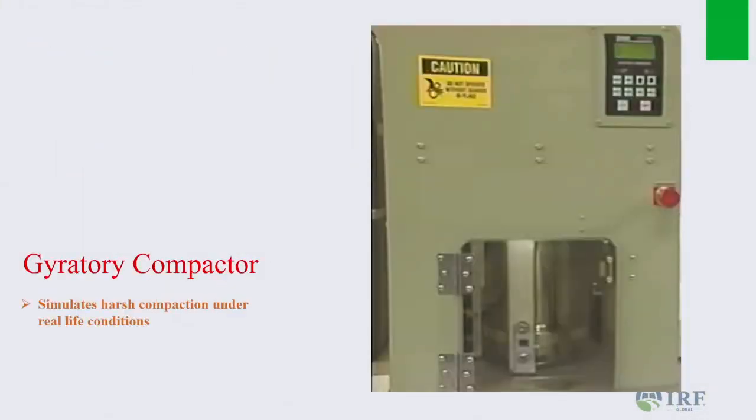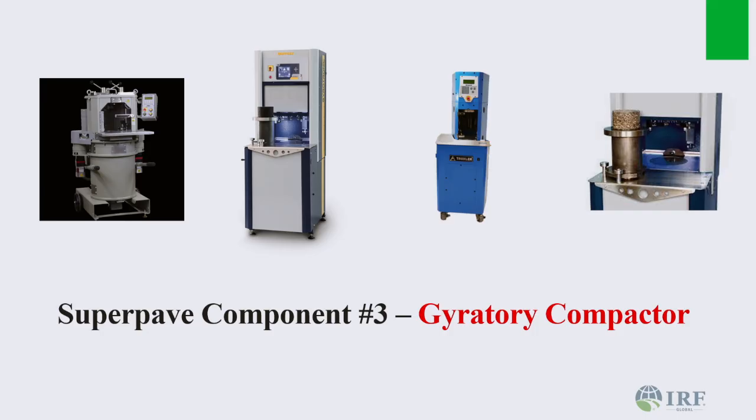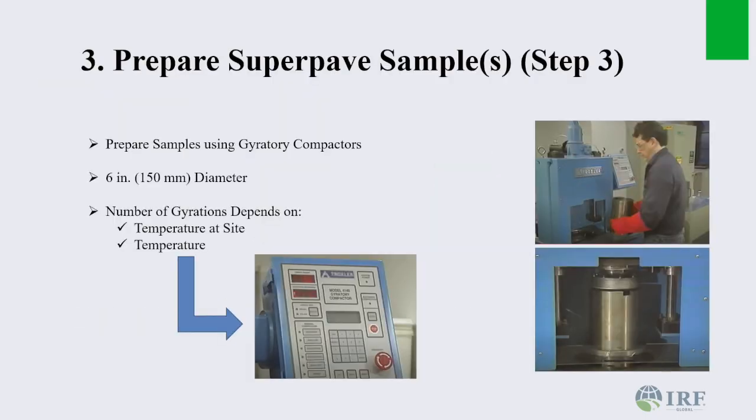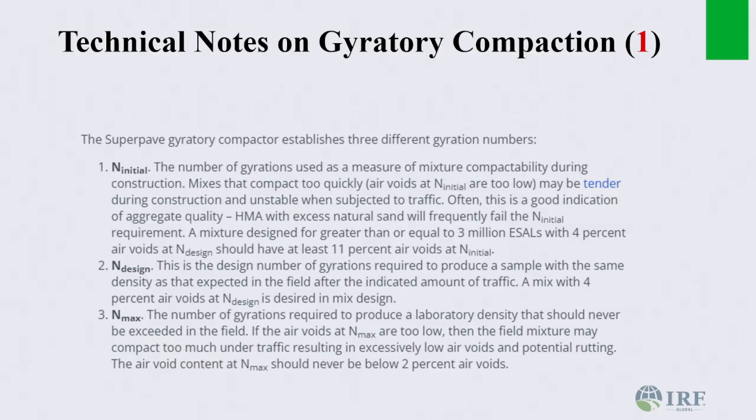One is, so this is just a gyration compactor. Let me go forward. So you can simulate the initial, let's step back a little bit. In the field, when you prepare asphalt and you come to the field and you are placing it, what do?